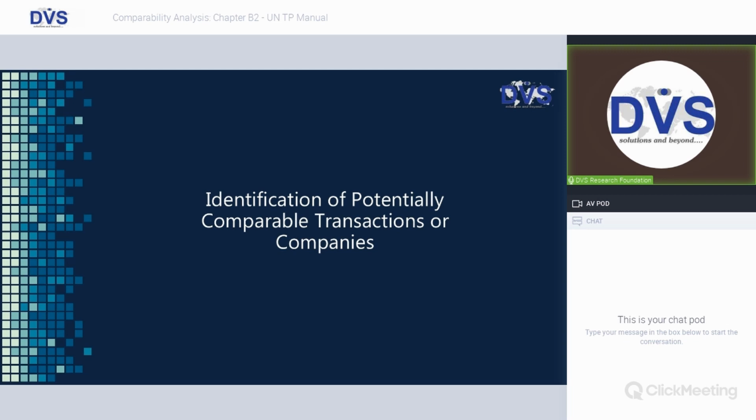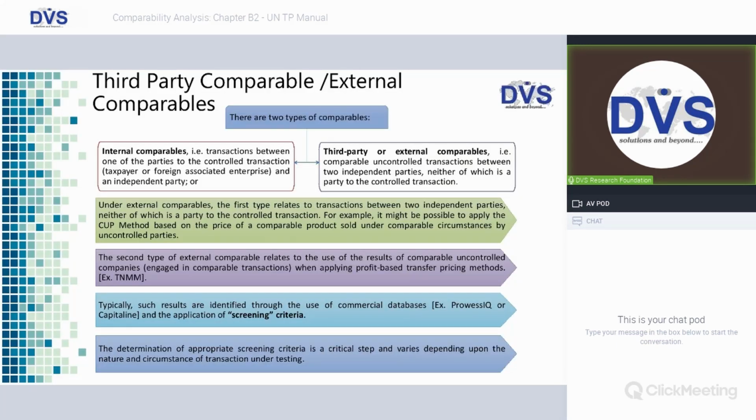Identification of potential comparable transactions or companies, friends. How can potential comparables be found? There are two types of comparables: internal comparables and external comparables. Internal comparable generally means, say your company is having a transaction with the US subsidiary.